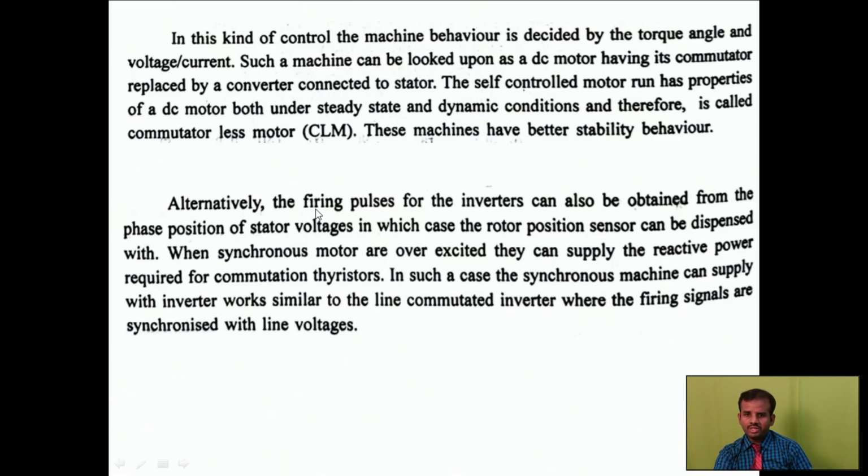Here the firing pulses for the inverter can be obtained from the phase position of the stator voltages. In that case the rotor position sensor can be dispensed with. Over excited synchronous motors can supply the reactive power required for commutating the thyristors. So a synchronous machine can be supplied by an inverter similar to a line commutated inverter, where the firing angles are synchronized with the line voltages.